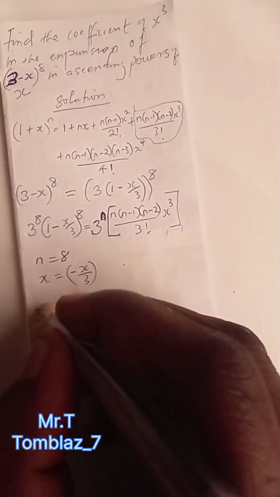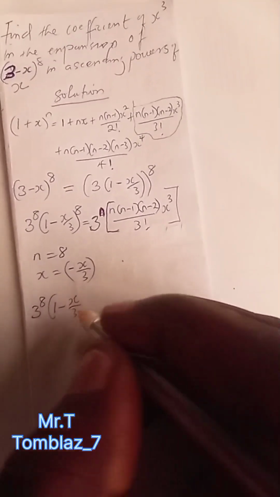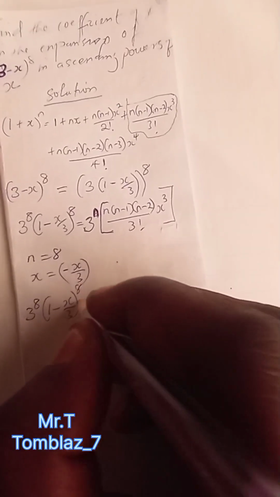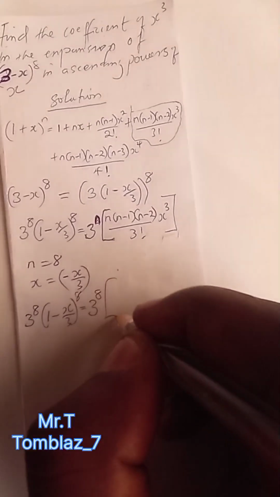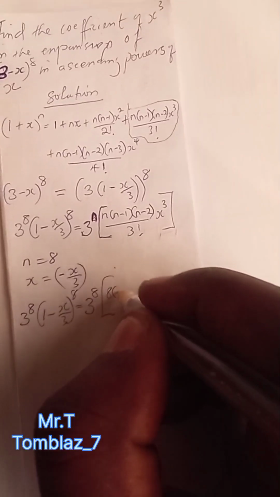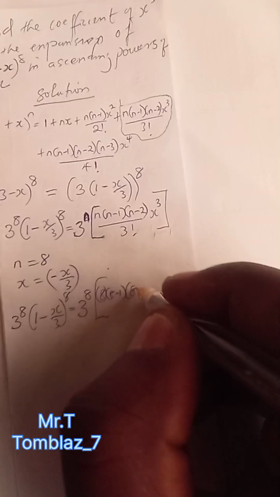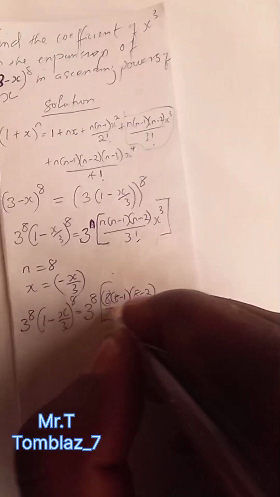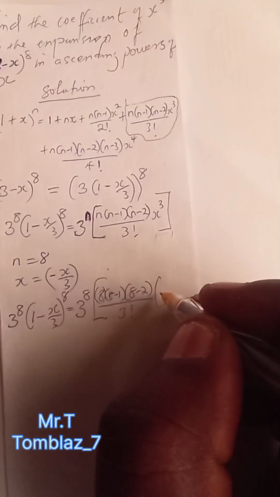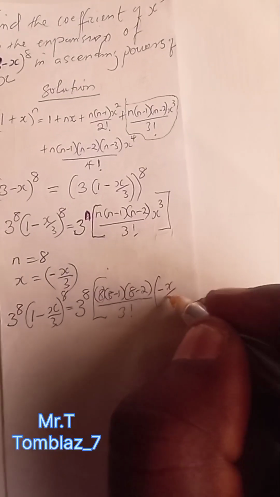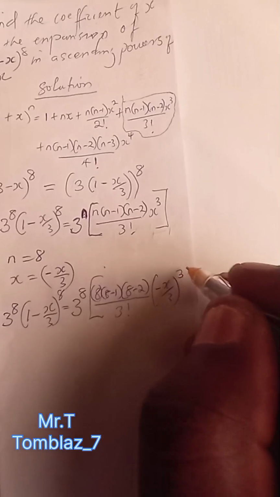It means now that 3 raised to power 8 into 1 minus x over 3 raised to power 8 will be equal to 3 raised to the power of 8, open bracket, 8 into 8 minus 1 into 8 minus 2 all over 3 factorial multiplied by minus x over 3 all raised to the power of 3.